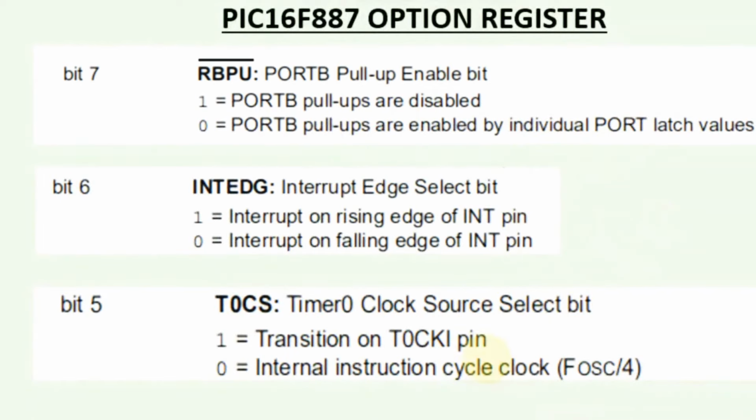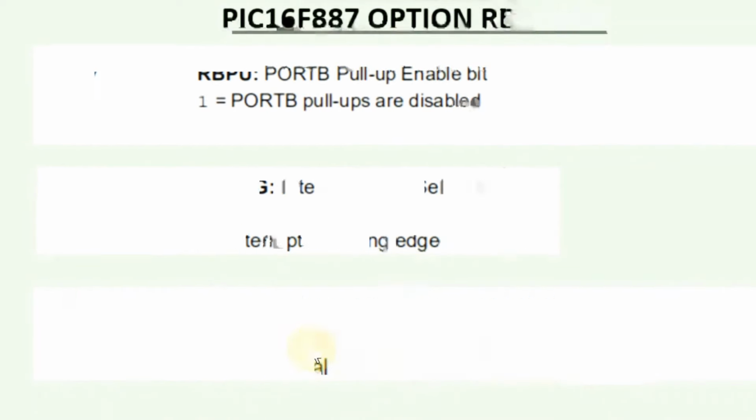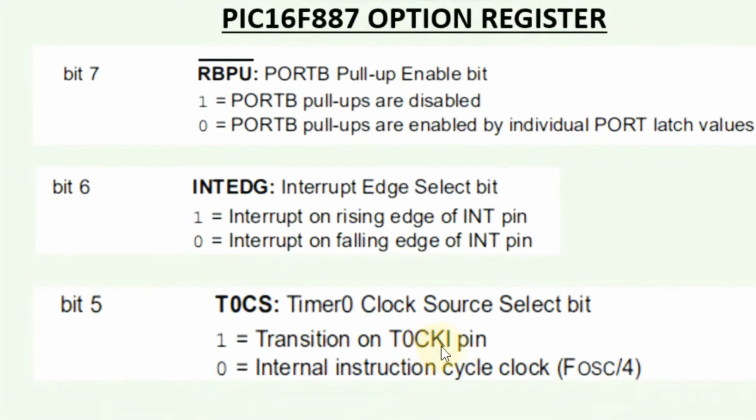If you want to use Timer 0 as a timer or counter, you must configure bit 5. If this bit is 1, your Timer 0 will increment on the transition on the T0CKI pin. This is the pin that is available on the PIC16F microcontroller, so it is the external pin. When there is any transition on that particular pin, Timer 0 increments.